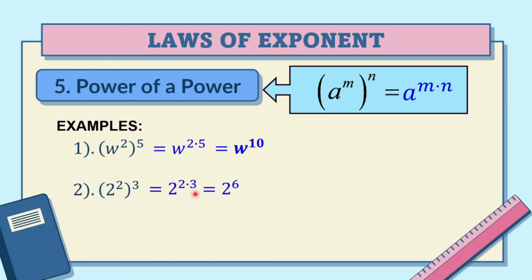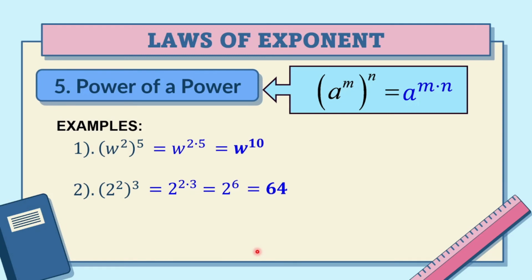Meaning to say, isosolve pa natin, which means 2 times 2 times 2 times 2 times 2 times 2. So, 6 na 2. Then, that is 64. Nag-multiply itself siya. So, that is the final answer. Yan yung ginawa natin kanina, ang pangalan ng law na yan ay power of a power.